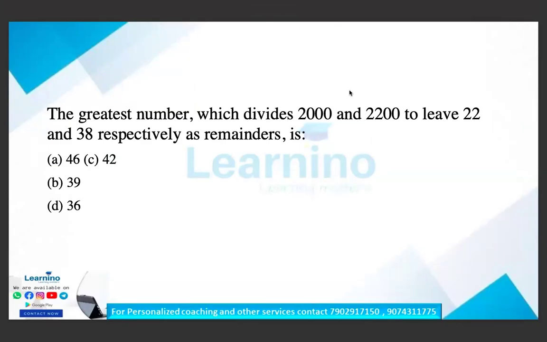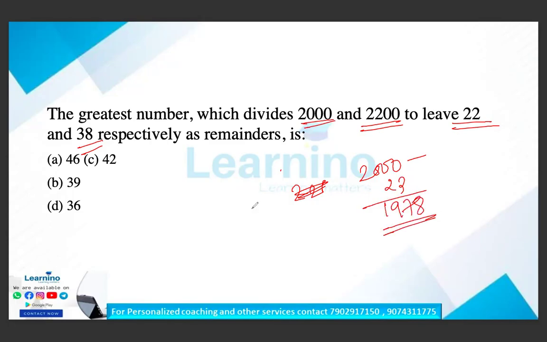Find the greatest number which divides 2000 and 2200 to leave 22 and 38 respectively as remainder. Taking the differences, 2000 minus 22, we will get 1978, and 2200 minus 38, we will get 2162.